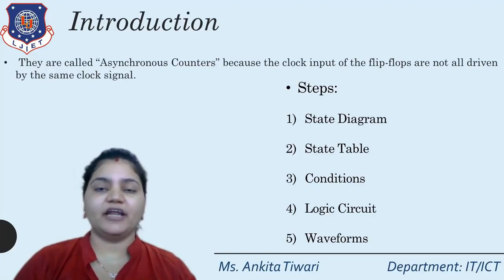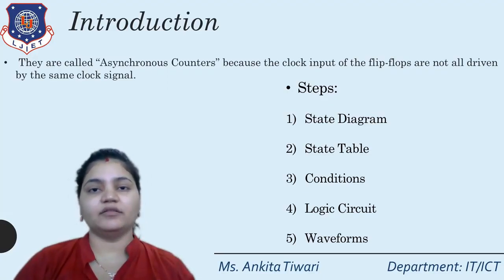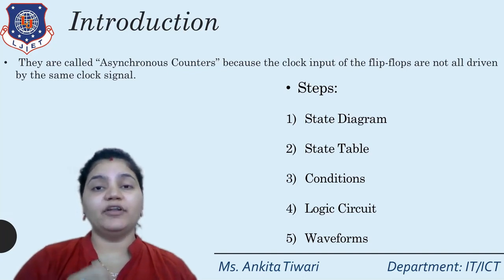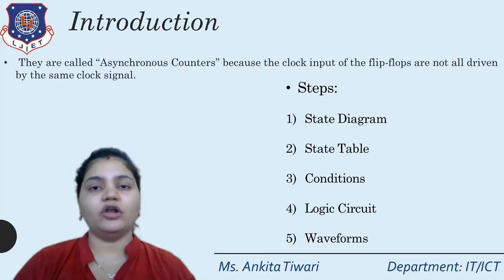So the state diagram means the pictorial or the circuitry representation of present state and next state. The same thing, the next step, that is state table, is the table format or the table representation of the state diagram itself. In that also we are having two columns which represent present state and the next state.